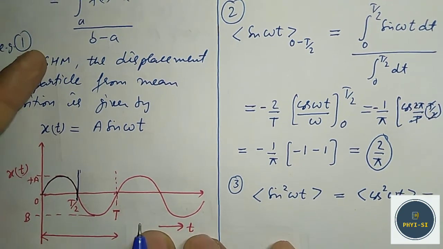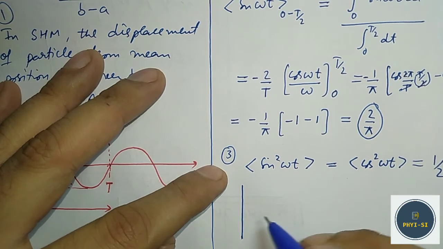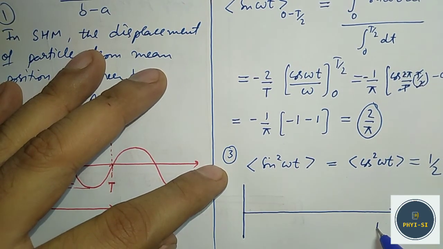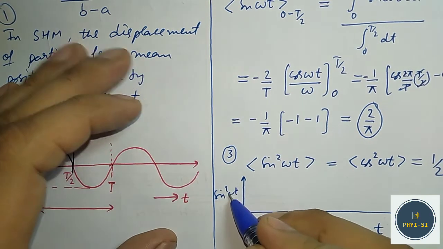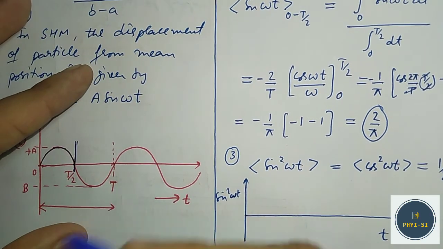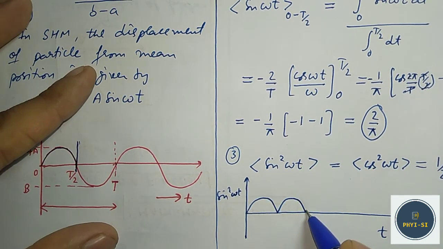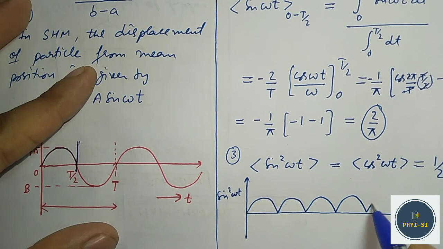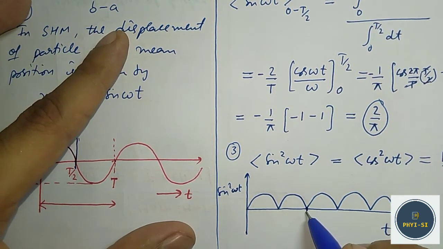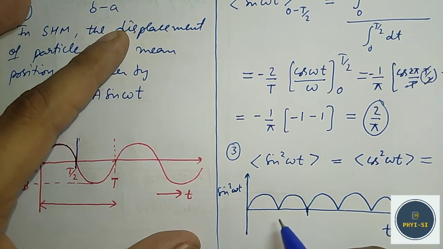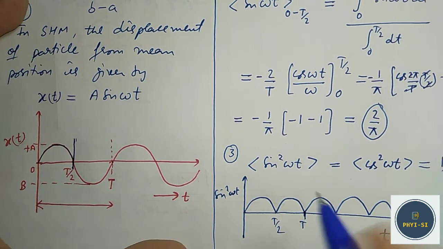And if I square this function, then we'll have sine square omega t, and all the negative parts become positive, and the sine square function looks like this, where this is T and this is T by 2.